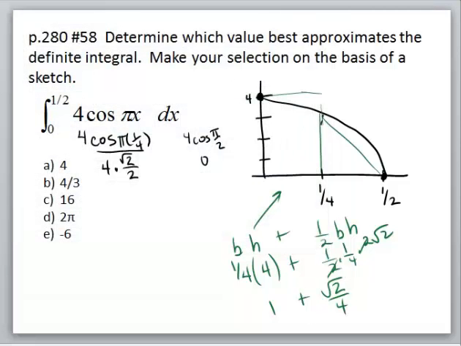So I have now 1 plus 0.35. Well, out of my selections, it looks like this one would be the best choice because that would be 1.333 repeating.